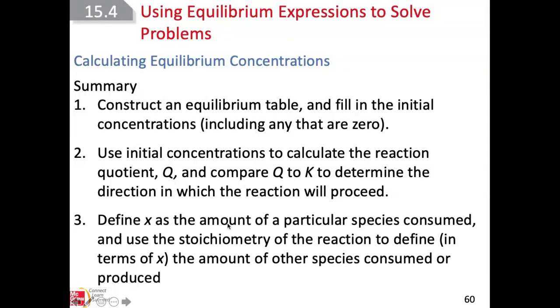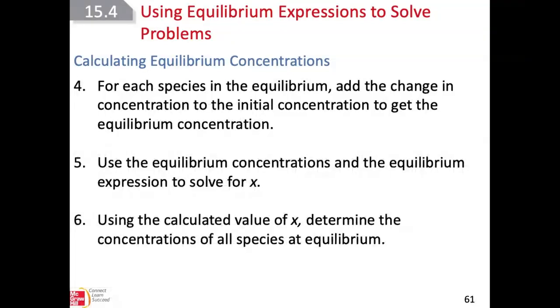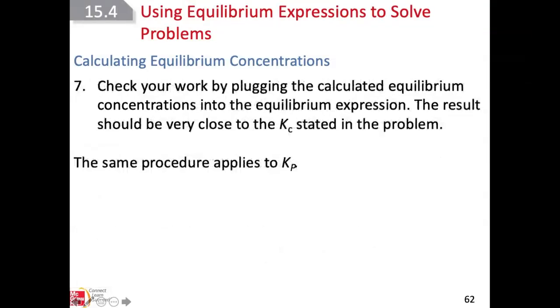Then define X as the amount of a particular species consumed, and use the stoichiometry of the reaction to define the amount of the other species consumed or produced. For each species, add the change in the concentration to the initial concentration to get the equilibrium concentration, then solve for the X, and using this value of X, determine the equilibrium concentration of all the species.